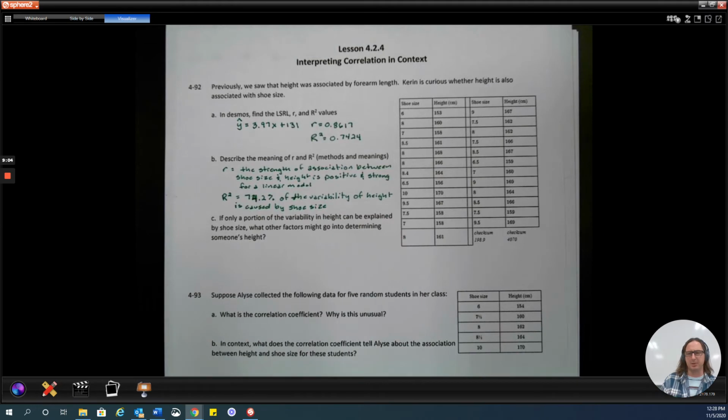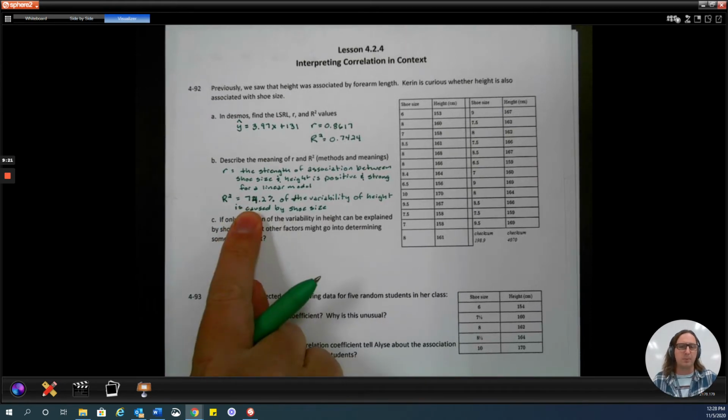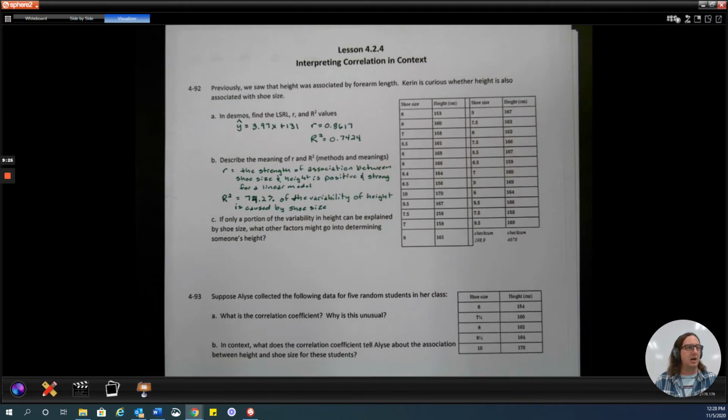That's kind of a nice number to have. So this is telling us that, okay, there are other variables involved. There are some hidden variables, some things affecting our graph here other than these two variables, but we can say that 74.2% of the height is caused by shoe size. Now, there are other factors out there. Maybe people are wearing shoes that don't really fit them.